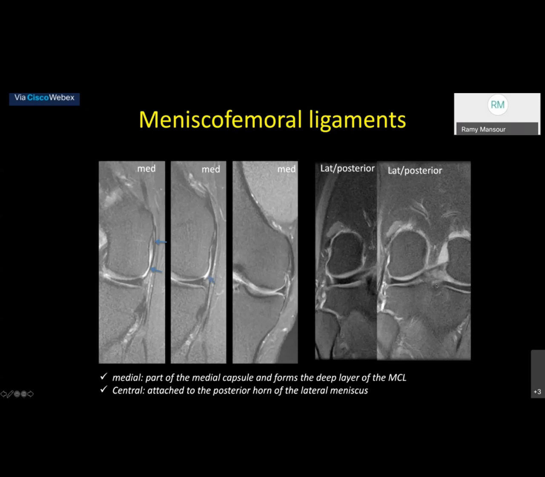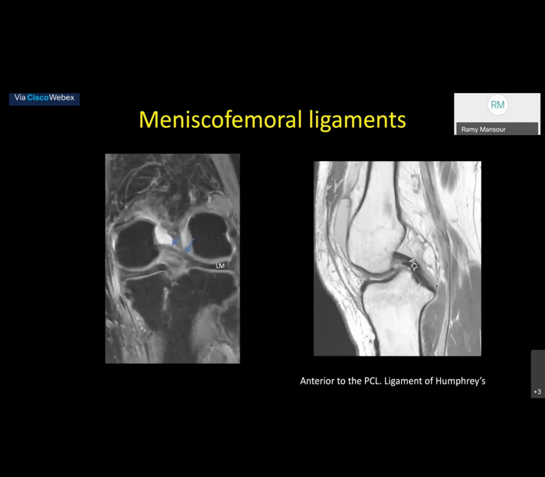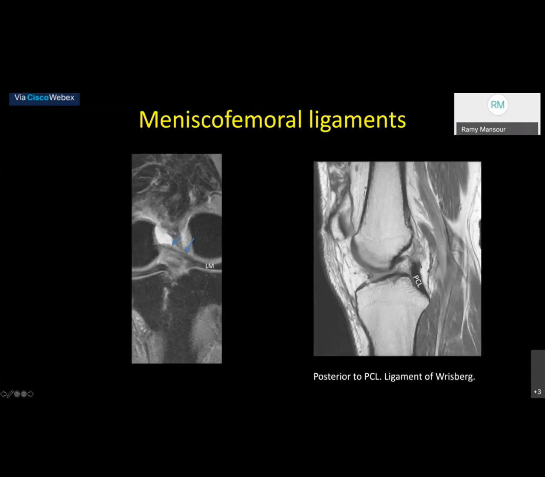The posterior ones have two different types. One is seen anterior to the PCL, and we call it the ligament of Humphrey. The other is located posterior to the PCL, and it's called the ligament of Wrisberg. In the sagittal and coronal planes, they can easily be identified.